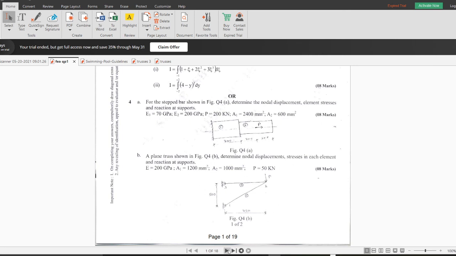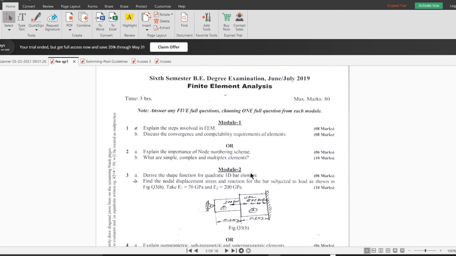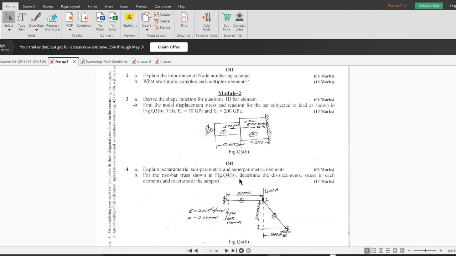Yes, sir. In the second paper, this is the first problem we did, an inclination problem. You have to find the displacement as usual.